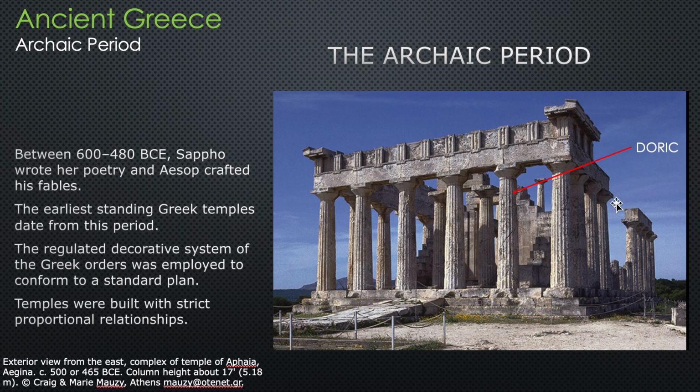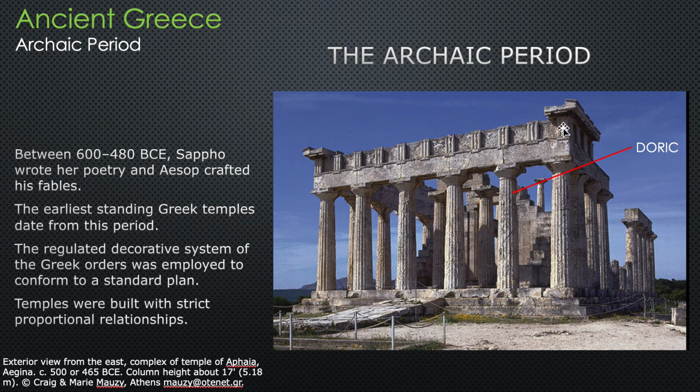But I want you to notice as we're looking at this temple that a Doric column is fluted, meaning it has these grooves that extend the full height of the column. It has no base, so the column cuts off and ends at the bottom. It has a very simple top, the capital there.